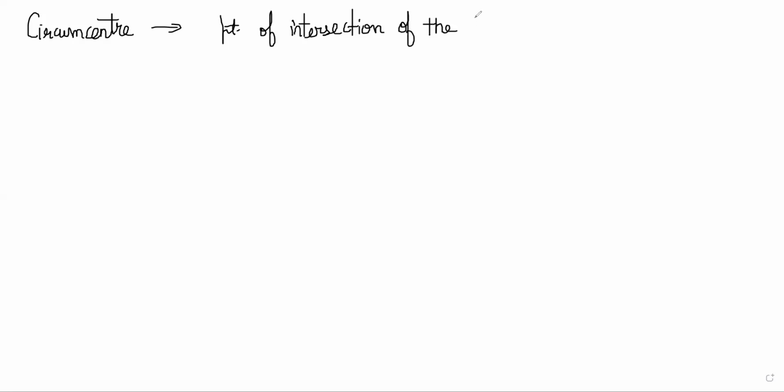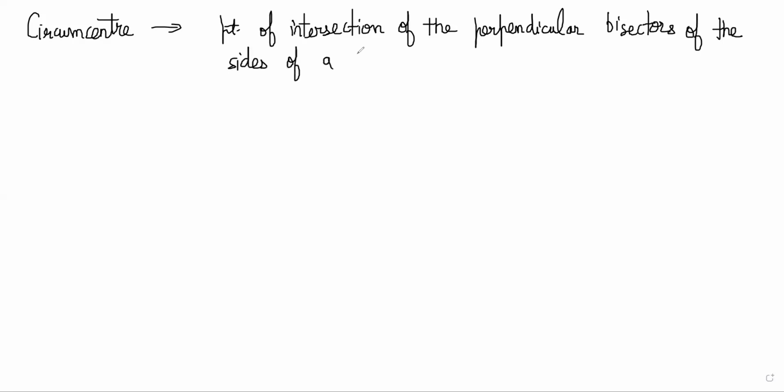Let's go to the circumcenter. As we already probably know, this is the point of intersection of the perpendicular bisectors of the sides of a triangle.